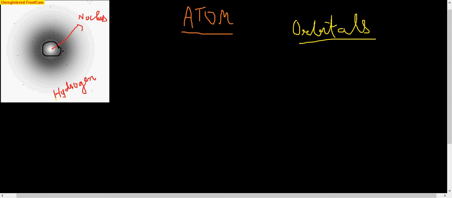Now, you know the atomic number, which is represented by Z. You also know the atomic mass, A, and it has a unit AMU, atomic mass unit. Now, what is the mass of an atom?